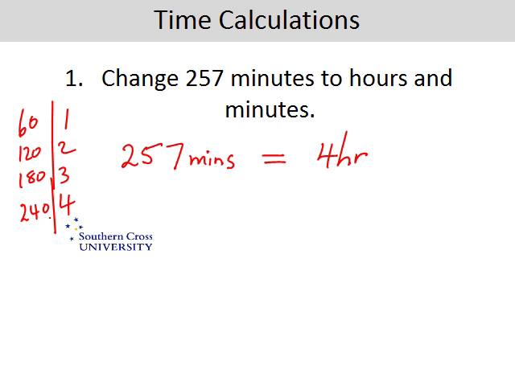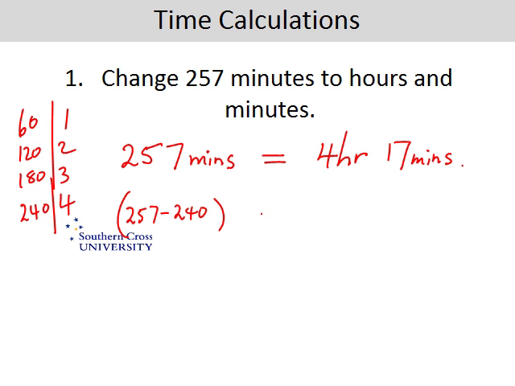The 4 hours represents 240 minutes, so 257 take away 240, that's a little bit of what you do in your head, is 17 minutes. So that's one way to solve the problem.